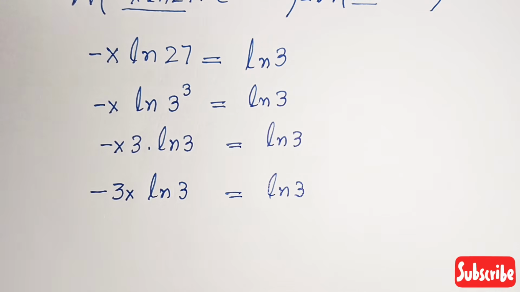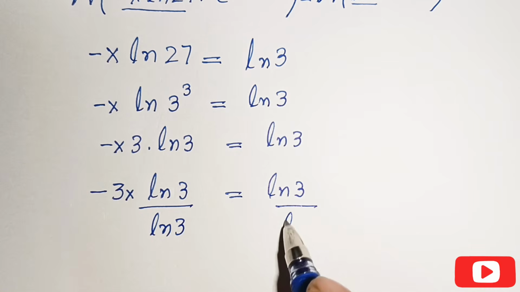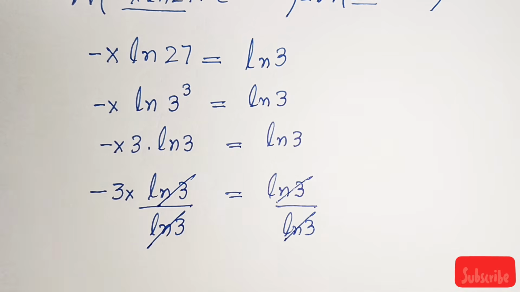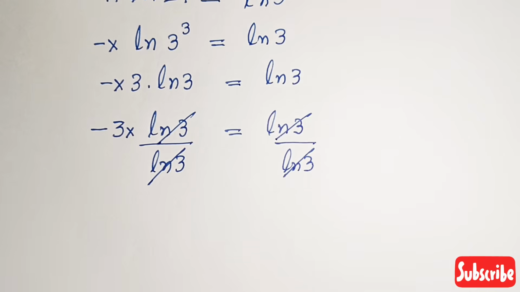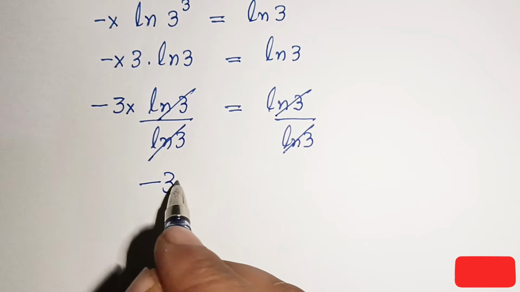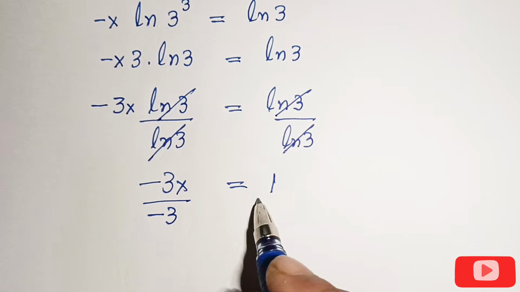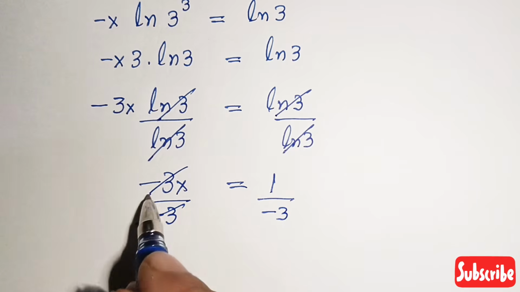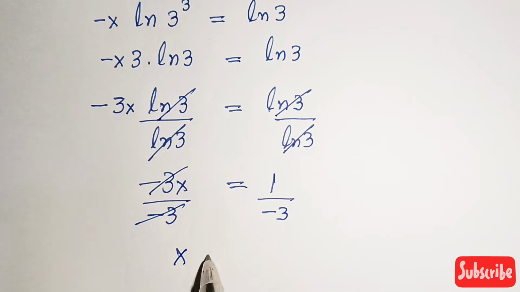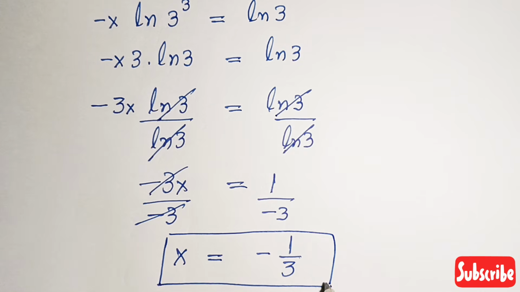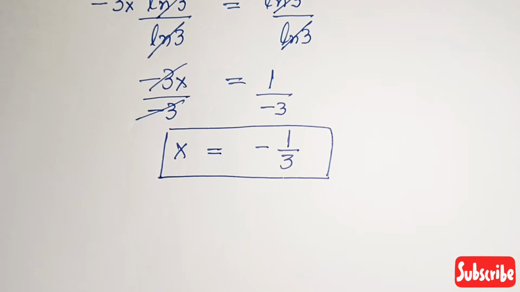Now if we divide natural log of 3 on both hand sides, natural log of 3 is cancelled out with natural log of 3. We get minus 3 times x is equal to 1. Now dividing by minus 3 on both hand sides, we get the final value of x is minus 1 over 3, which is the same as we have found from our method number 1.